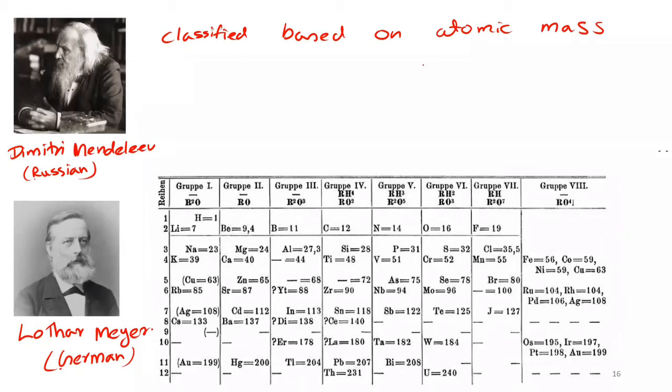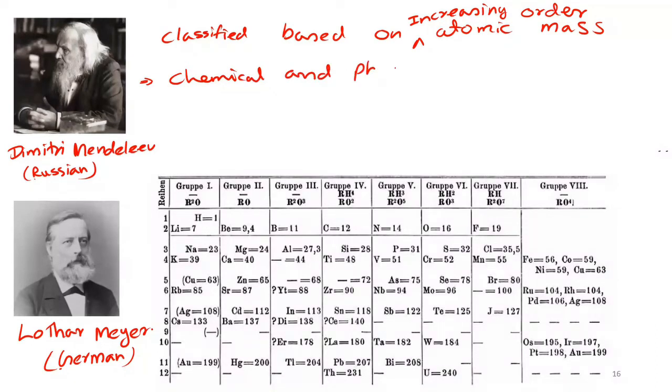So when they classified them in the increasing order of atomic mass, what they observed is that the chemical and physical properties occur periodically.